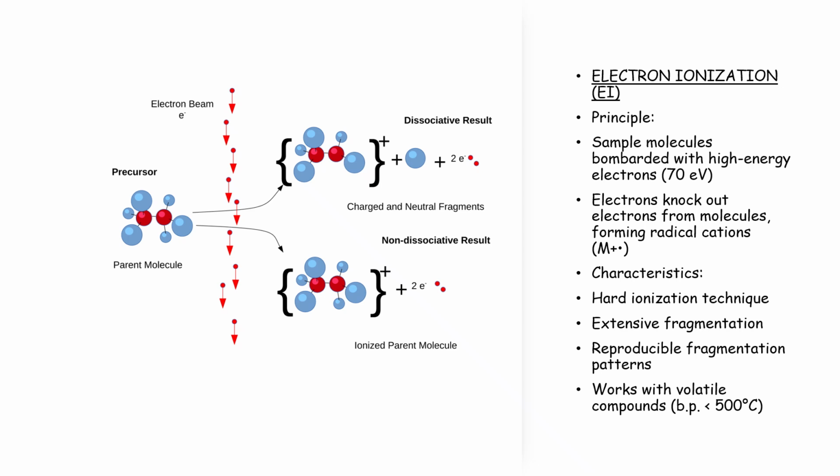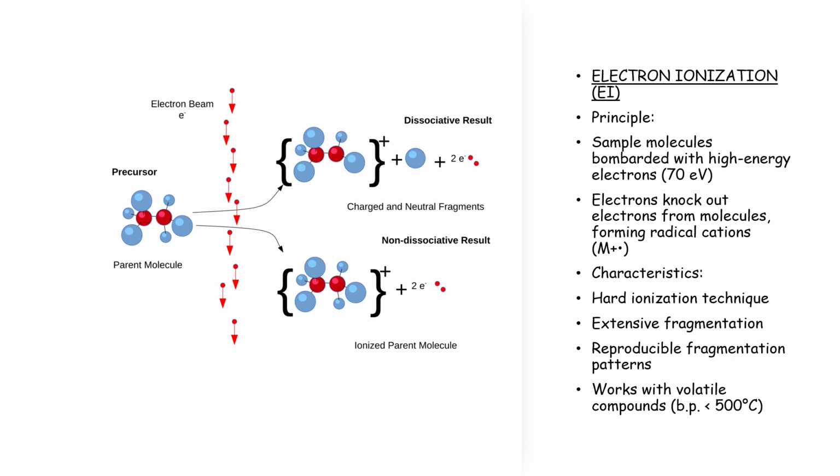Now, electron ionization is a hard ionization technique. So, as I mentioned earlier, you get extensive fragmentation. But here's the cool part. This fragmentation is highly reproducible. That means the same molecule will always break apart in the same way under the same conditions.